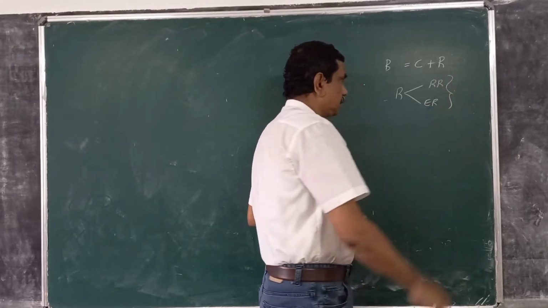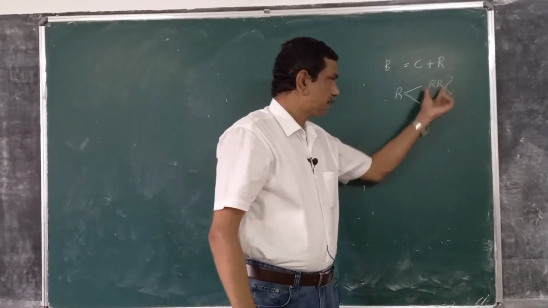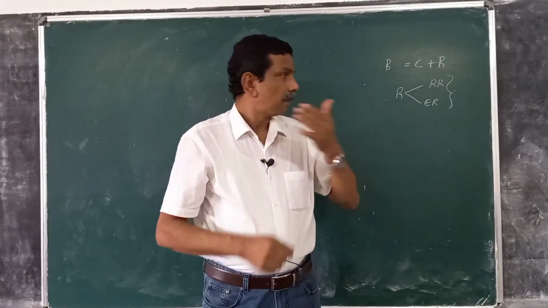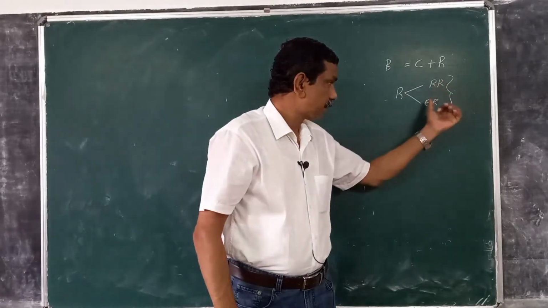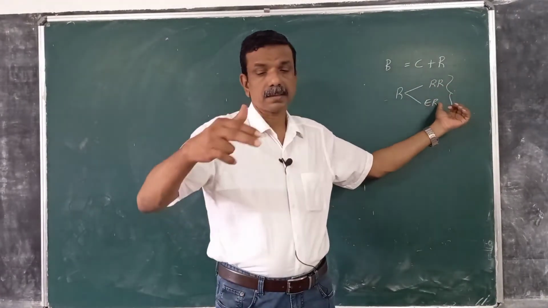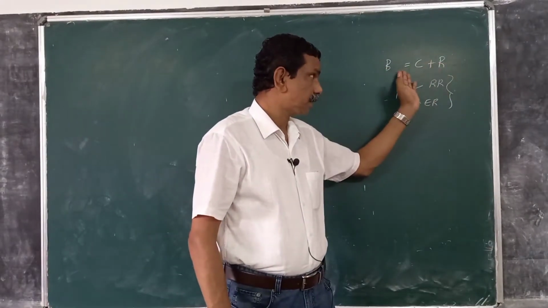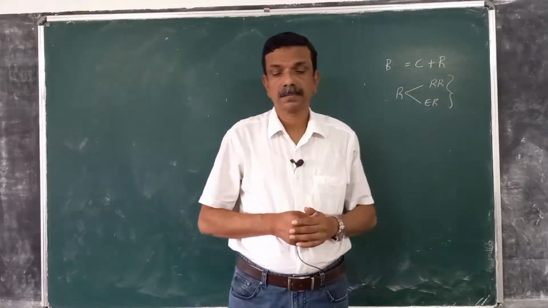Now the reserve is classified into two: one is required reserves, the other one is excess reserves. Monetary base or high powered money consists of currency plus reserves.